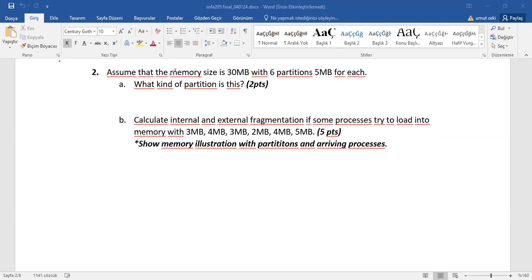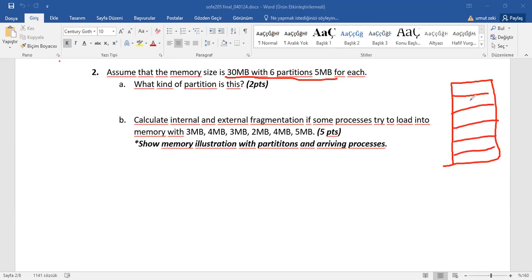The question says assume that the memory is 30 megabytes with 6 partitions, 5 megabytes for each. So in the memory we have 6 partitions and each of them is 5 megabytes.